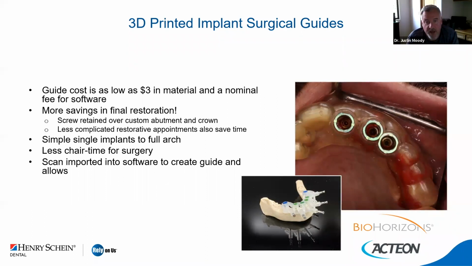Now, not all surgical guides can be done flaplessly. It all depends on the situation and keratinized tissue and such. But in many opportunities, if we can use the guide in that manner, it may cut the time of a surgical appointment in half, maybe cut it by 50%.